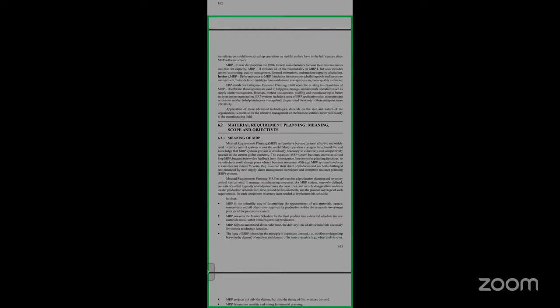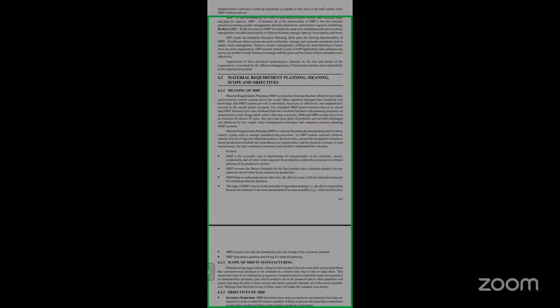So they give some schedule of how to convert this order in a proper way. In short, they call it MRP, the scientific way of determining the requirements of raw materials, spare components, and all other items that are required for the production. MRP also converts the master schedule for the final product into a detailed schedule for raw materials and all other items required for production.